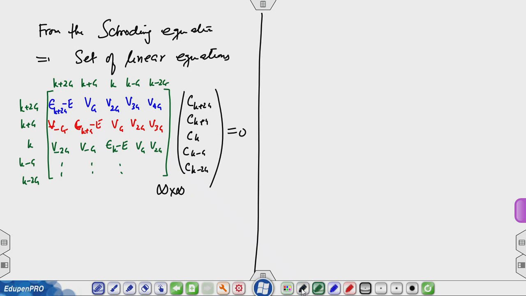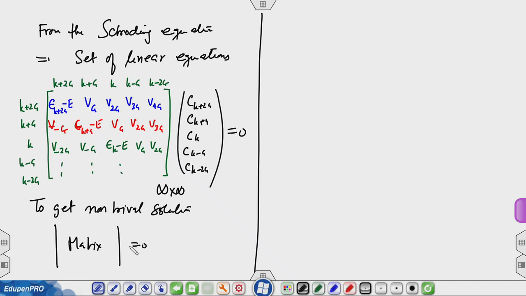To get a solution, you should have the determinant of the matrix equal to 0, and that gives you eigenvalues E, infinite number of them.